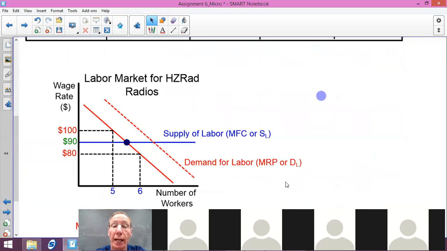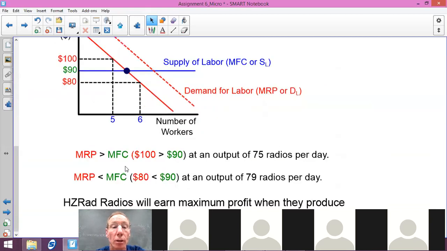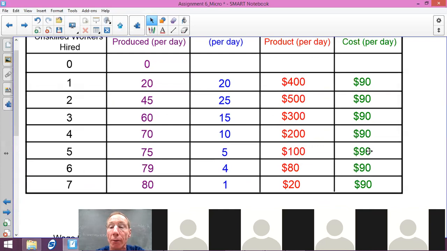Does everybody understand that? Is anybody lost? Confused? Okay. So the way I explained this was, I just said that marginal revenue product is greater than marginal factor cost. 100 is higher than 90, and an output of 75 radios per day, which we can see up on the chart right here, right? 100 is greater than 90, right?